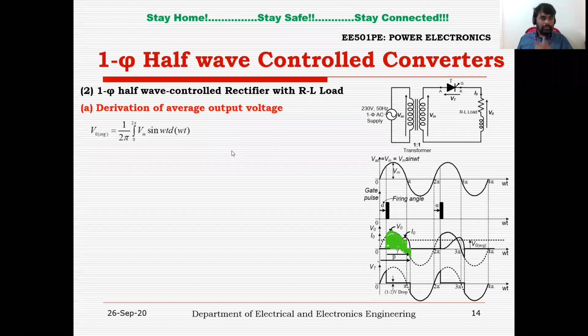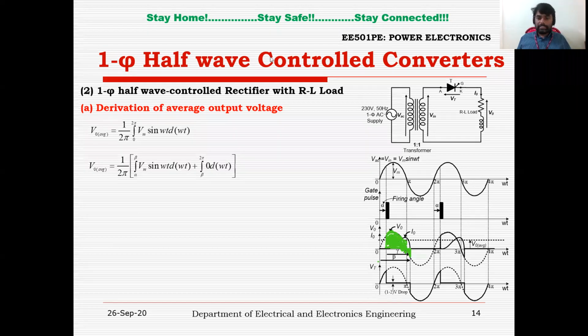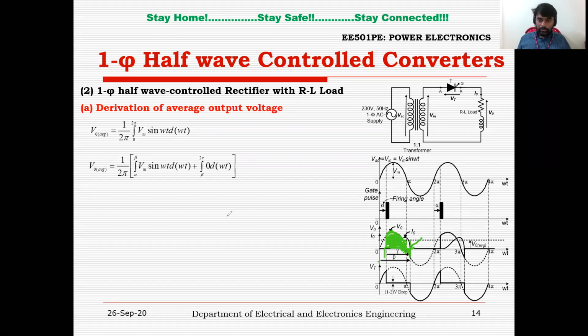Now you can see the output voltage is there from omega t equal to alpha to omega t equal to beta. So I write 1 by 2 pi, because I need to calculate the average for one complete cycle. From alpha to beta, we get a voltage which varies with sin omega t, so Vm sin omega t, plus from beta to 2 pi you won't get any voltage, so it is 0.